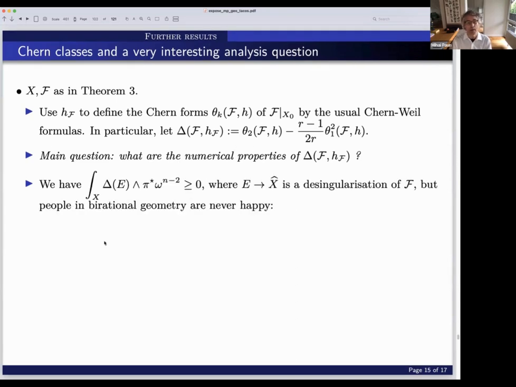Now, by the work of the people I mentioned before, what one can say is that the discriminant associated to E wedge the inverse image of omega to the power n minus 2 is semi-positive, where this is the singularization of F. But actually, it so happened that these representatives and what we have here disagree.